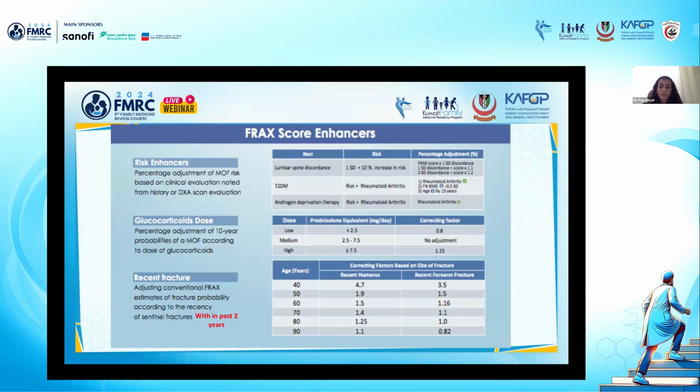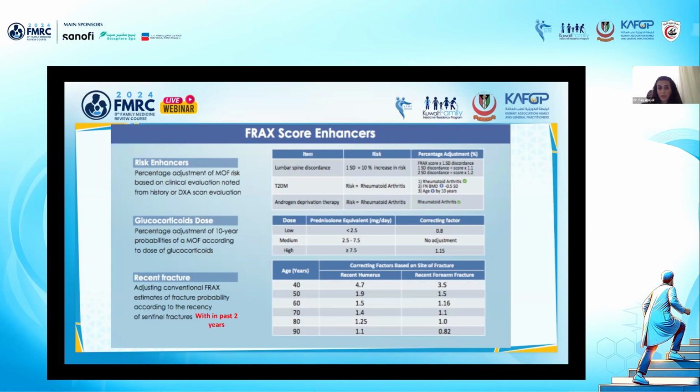If the patient, for example, is diabetic, in the FRAX tool there is no question that is specific for diabetes type 2. So you will add the risk of diabetes type 2 in 3 ways, as you can see in the first chart. You either tick yes for rheumatoid arthritis, or you add 10 years to the age, or you decrease the T-score by 0.5.